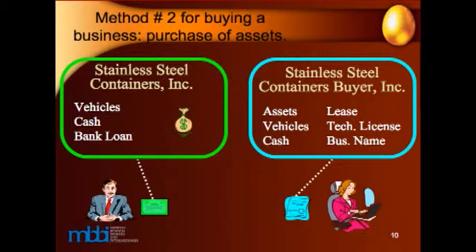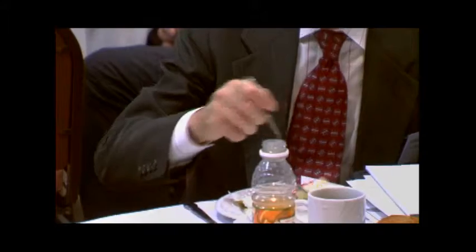And in a sale of assets, Steve will have Stainless Steel Containers transfer all of the assets over to Stainless Steel Containers Buyer, Inc. And let's say for this example that Steve decides he wants to keep the cash and the vehicles. One of the vehicles is a personal car, and he also agrees to be responsible for paying off the bank loan. So the transaction occurs.